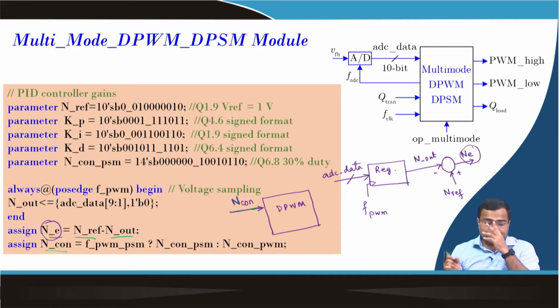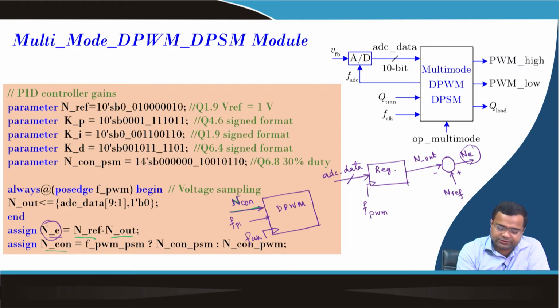In case of PWM, this N con will be the output of the controller. In case of pulse skipping during the charge pulse, we are giving a fixed duty ratio. We need a high frequency clock, and for this DPWM we are also taking the PWM clock because we want to reset this counter based on the edge of this clock, and the output of this is coming to be Q out.